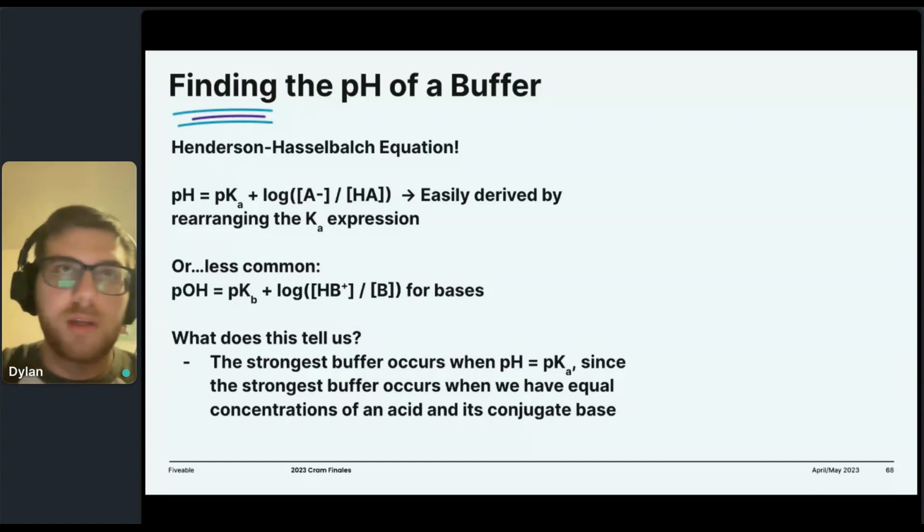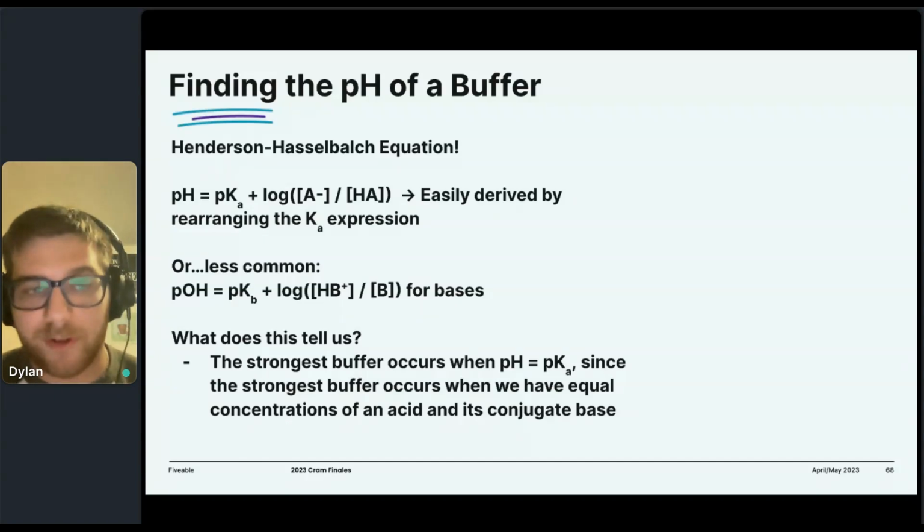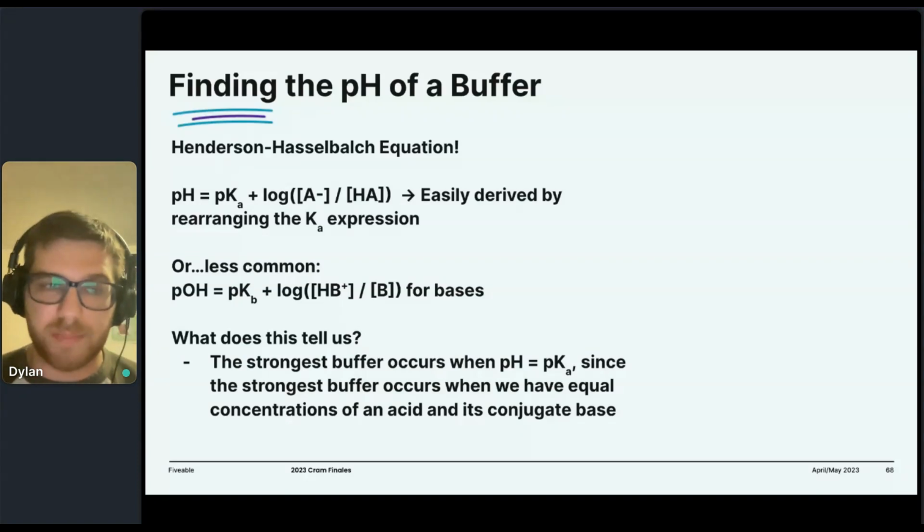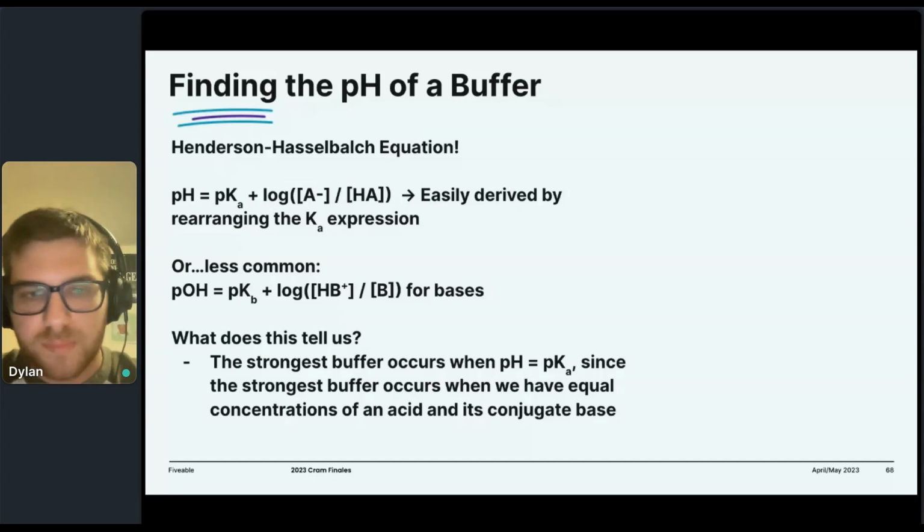If you're using, for example, a solution of ammonia and ammonium chloride, that would be a buffer, because we have ammonia, a base, and ammonium, its conjugate acid. In this case, it would probably be smarter to use the pOH form of the Henderson-Hasselbalch. And we'll be using these equations in future problems in just a second.